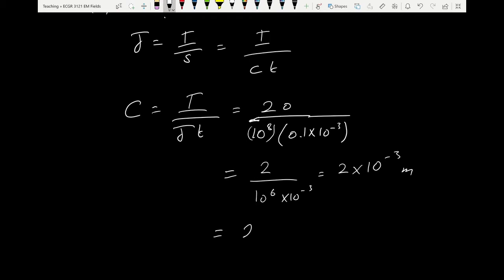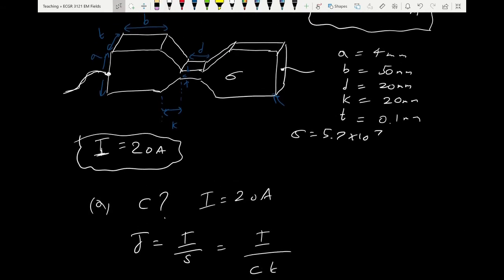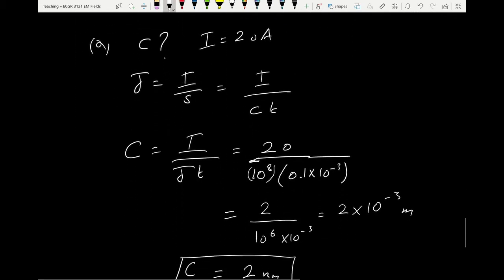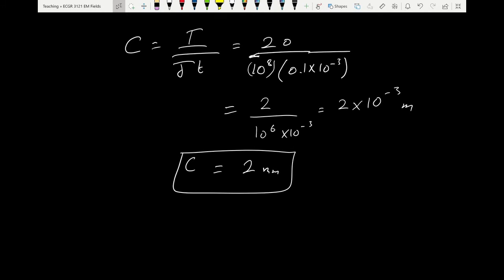Right, so this is 2 millimeters. So C is 2 millimeters. Contrast that with D. The length of the fuse, the part of the fuse that is going to melt, is 20 millimeters, but the thickness is 2 millimeters. If we design the fuse with those parameters, the fuse should protect at 20 amps.